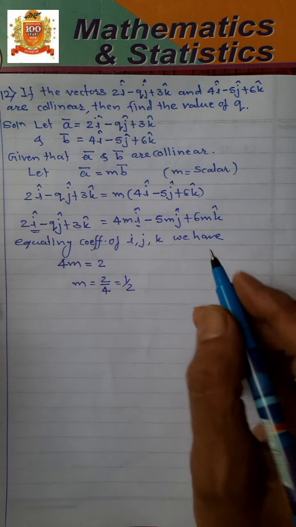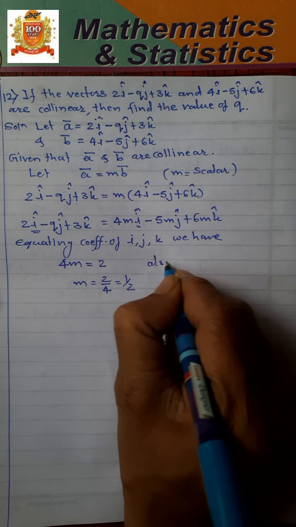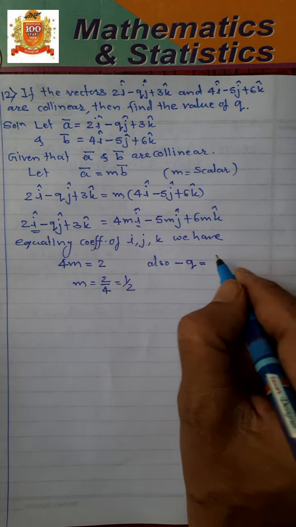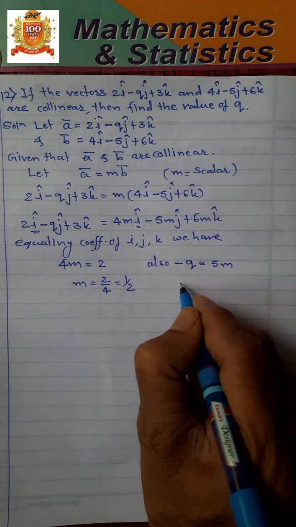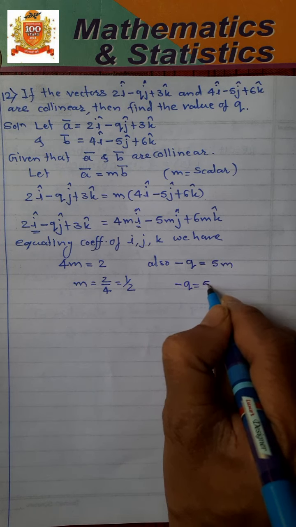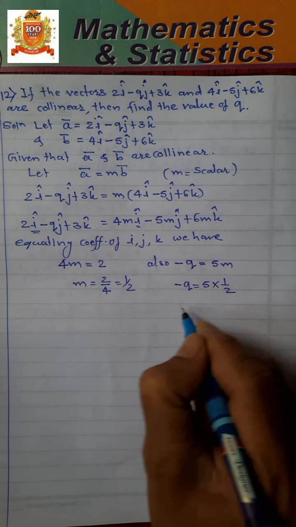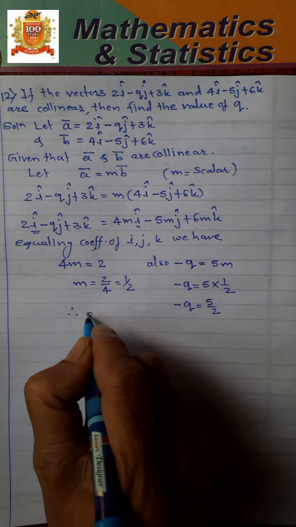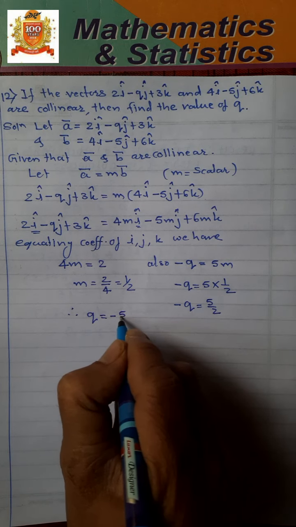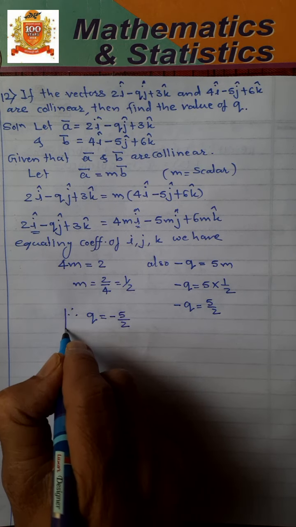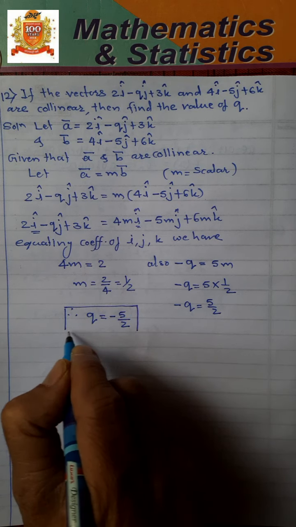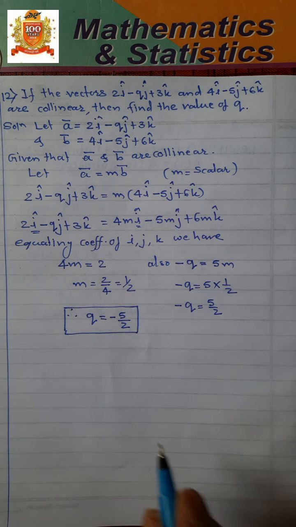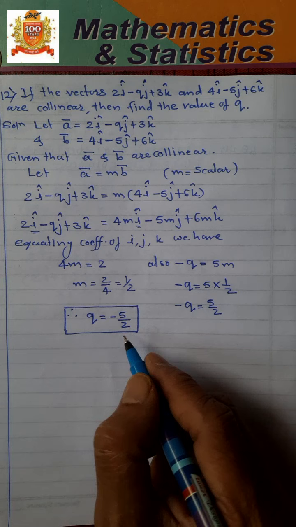And also minus q is equal to 5m. Minus q is equal to 5 into 1 by 2. Minus q is equal to 5 by 2. Therefore, q is equal to minus 5 by 2. In this way, we can find the value of q, isn't it? Thus, the value of q is minus 5 by 2.